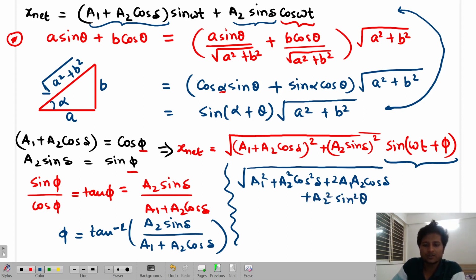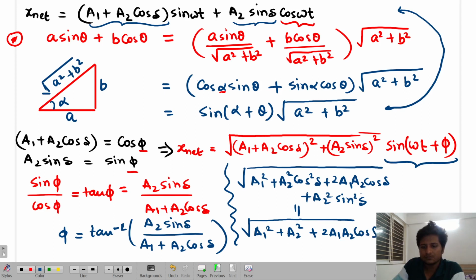I can take a2 square common, it becomes sin square delta plus cos square delta, yes or no? That is 1. So what you got as a relation is root over a1 square plus a2 square plus twice a1 a2 cos delta. Are you able to get me or not?